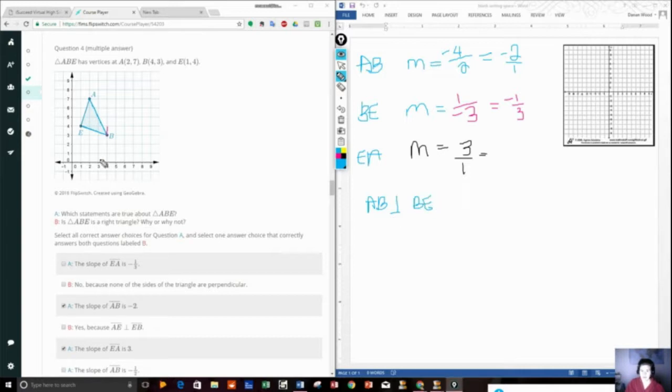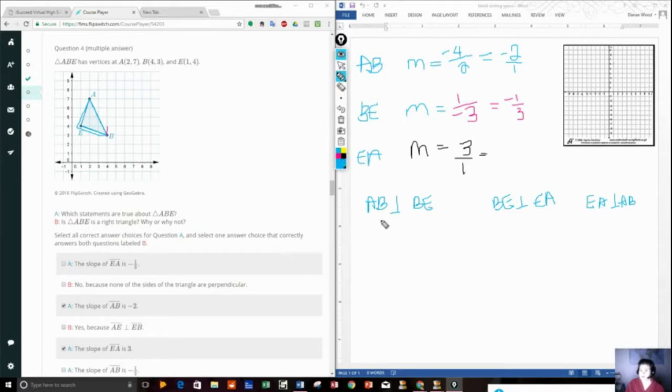And then is BE perpendicular to EA? And then is EA perpendicular to AB? Okay, so I'm going to do this by observation.